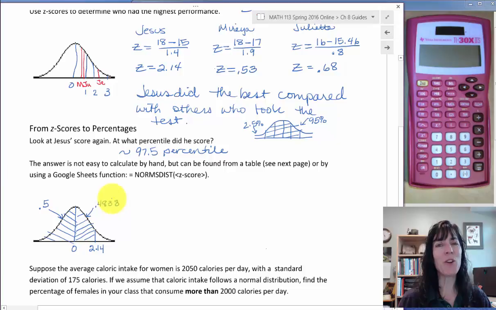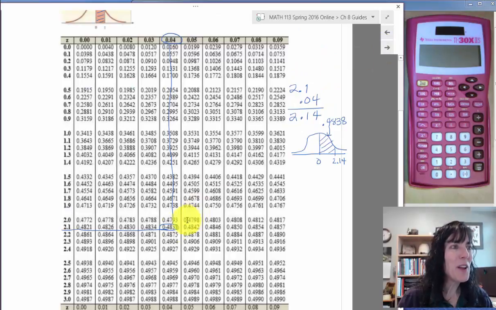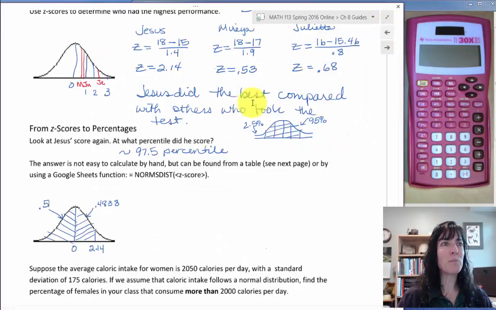Remember that? That was one of our criteria for a mound-shaped distribution, a normal distribution. The half of it has an area of 0.5. So we have over here 0.5, and over here we have 0.4838. I think that was the right number. Let me check one more time. 4838.